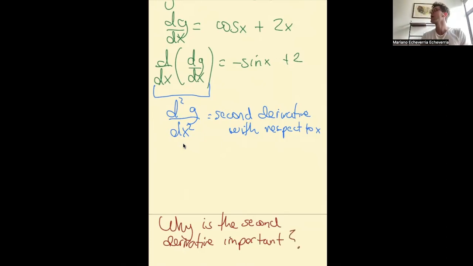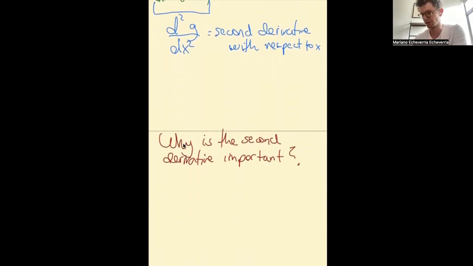One way to think about it is that it just helps in approximating the function better.